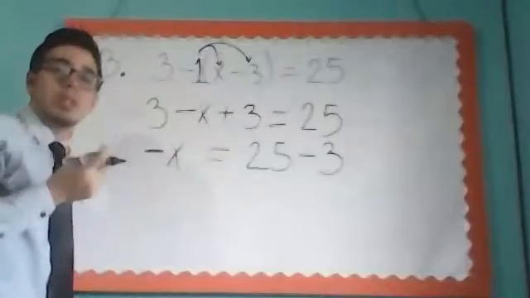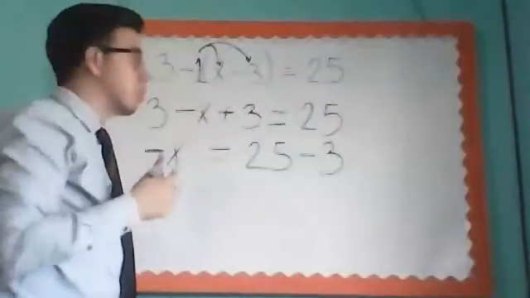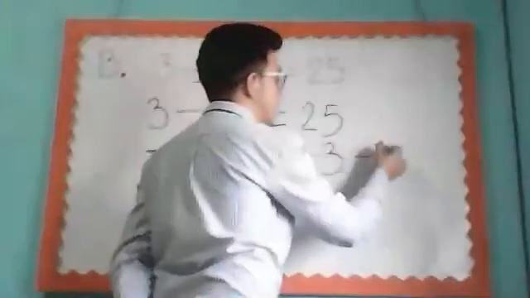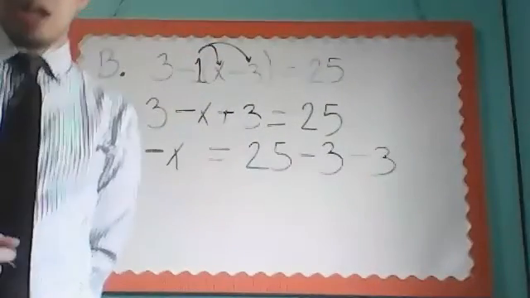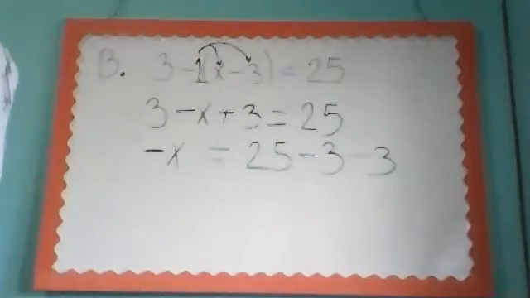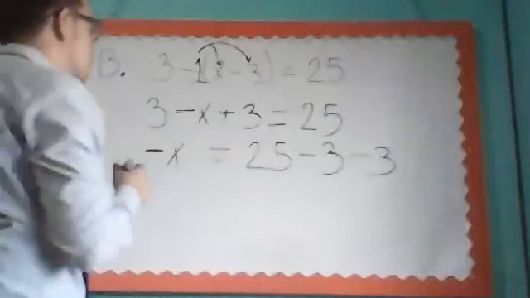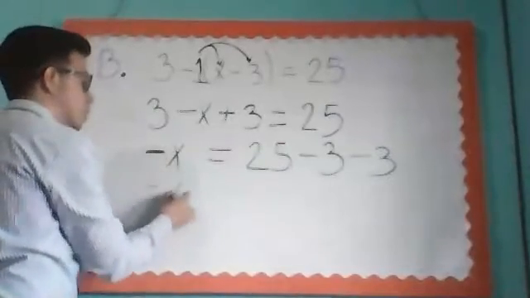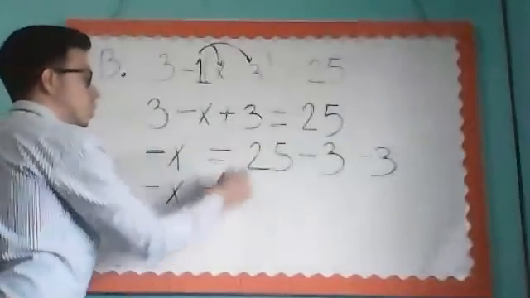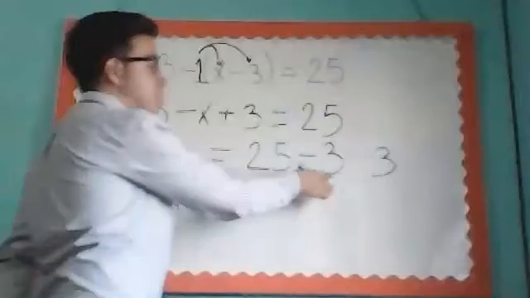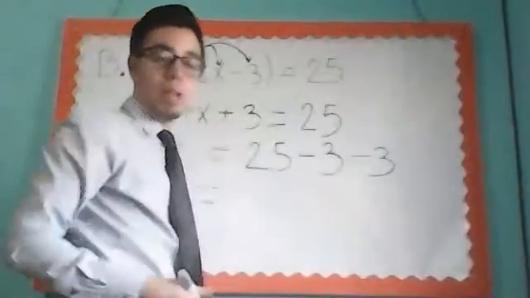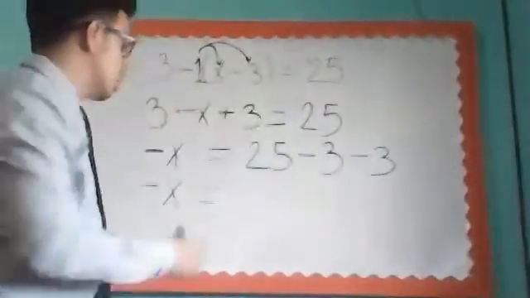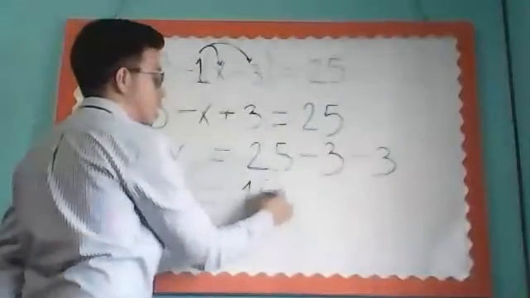I'm going to pass it to the other side to subtract again. Minus 3. And how am I going to find the result? Negative x equal 25 minus 3 is 22. 22 minus 3 is 19.